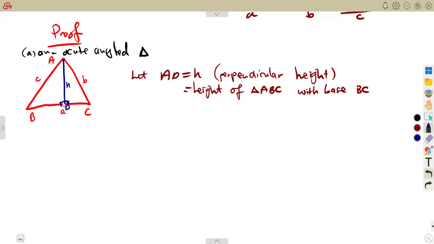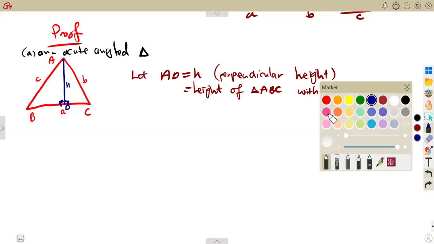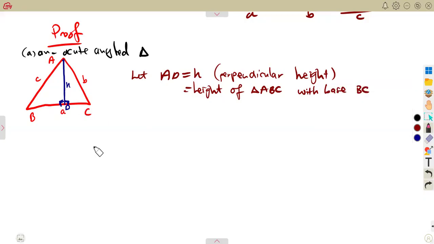We have a 90-degree angle in this triangle and also a 90-degree angle in this triangle. So there are two right angle triangles. And whenever we have right angle triangles, we can use our trigonometrical ratios. All right, so I want us to notice something here from the trig ratios.